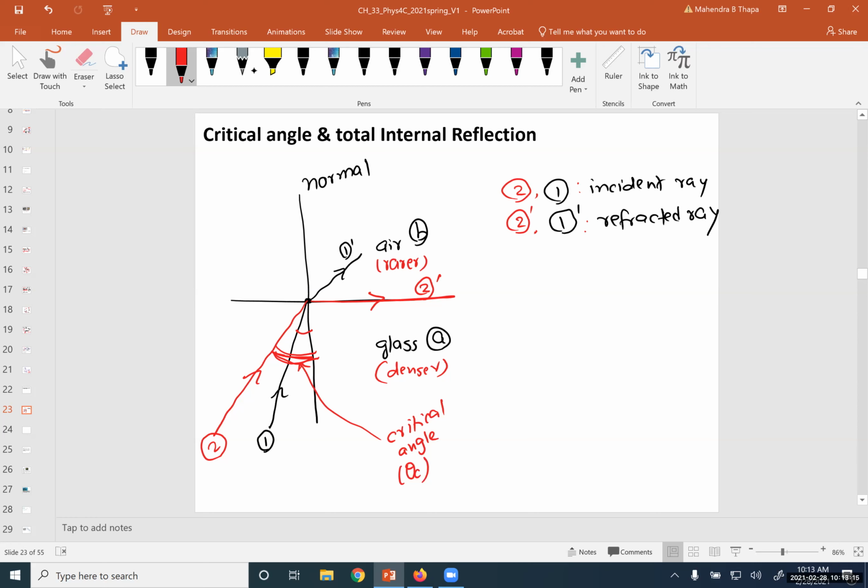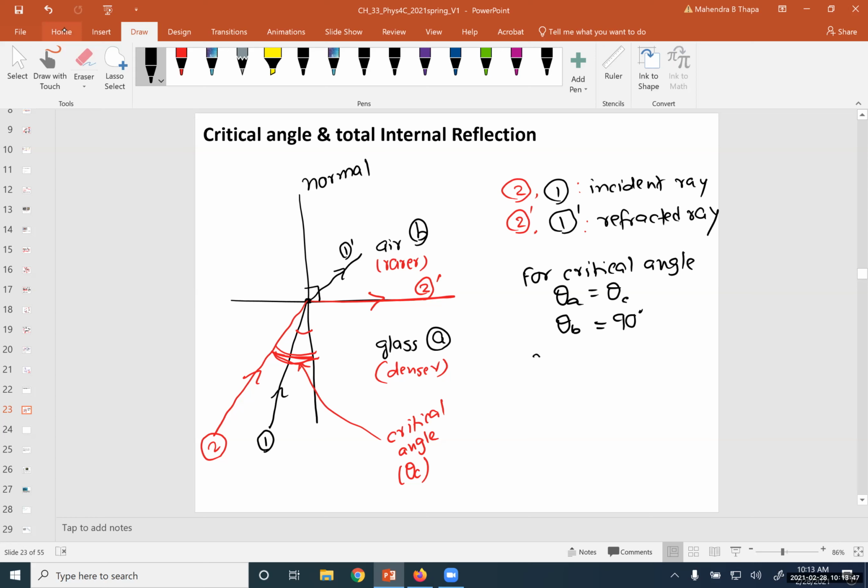So for critical angle, you can say theta a, angle of incidence, equals theta c, and angle of refraction theta b equals 90 degrees. Okay, this angle is now 90 degrees.